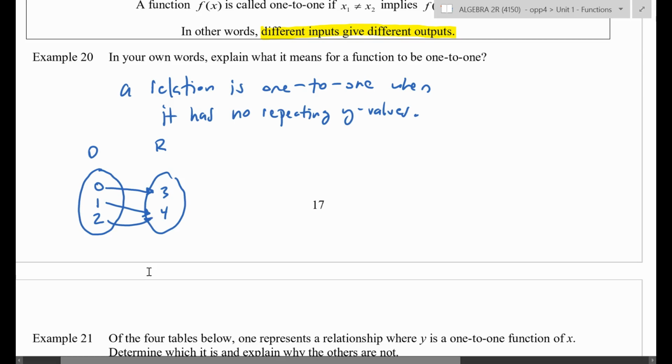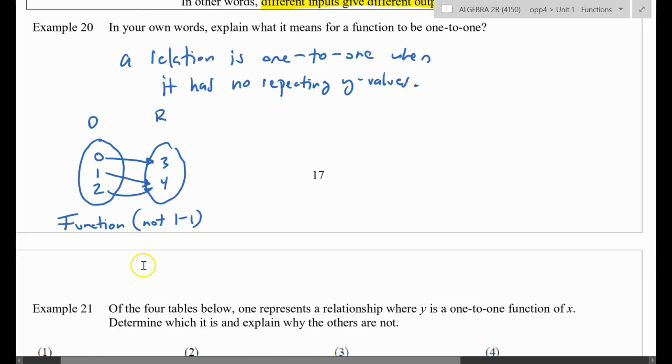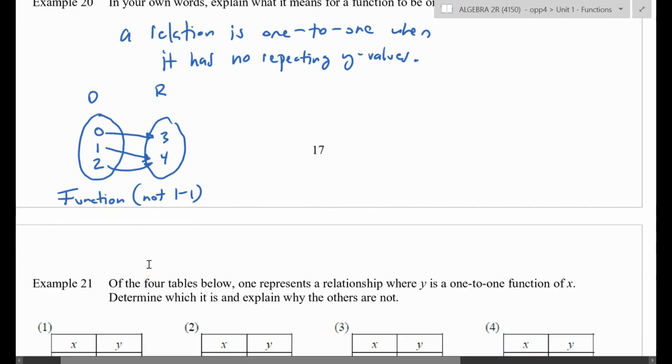Do any of the x values repeat? No. Is that one-to-one? No, because the y values repeat. Is that good? So this is an example of a function that is not one-to-one. Everybody okay with that?